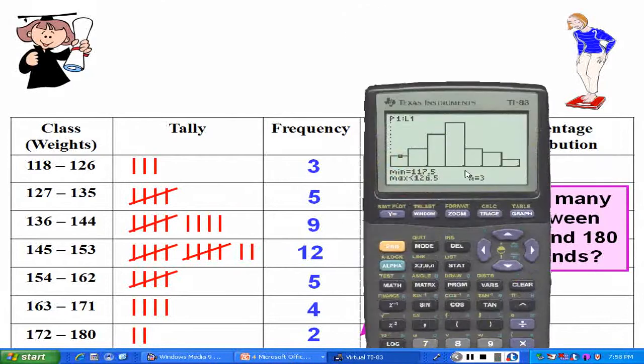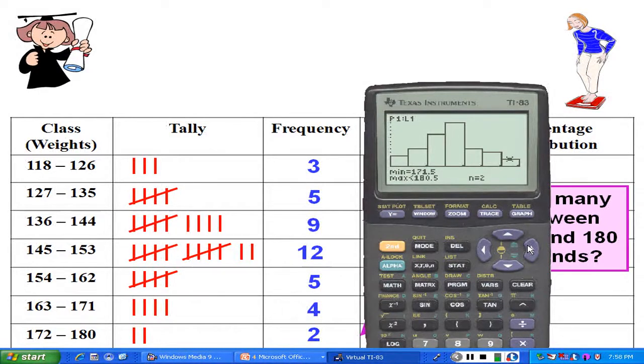How did you do that? Just press the trace button. So the first one, then go right arrow. What's the second one? 5. What's the next one? 9. What's the next one? 12. What's the next one? 5, 4, and 2.